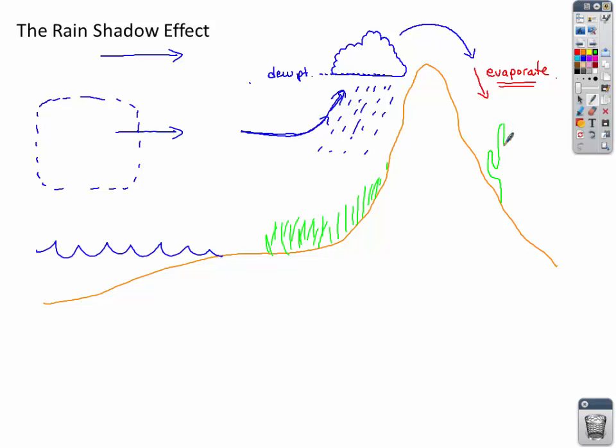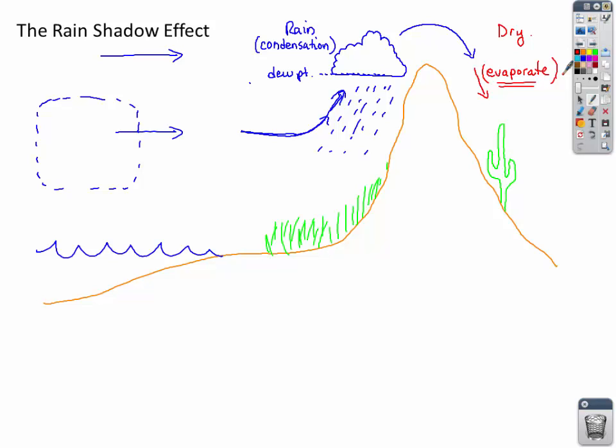You're going to actually have cactus and very dry vegetation. So on one side you get rain and condensation, and on the other side you have very dry conditions and you actually have evaporation. And this is called the rain shadow effect.